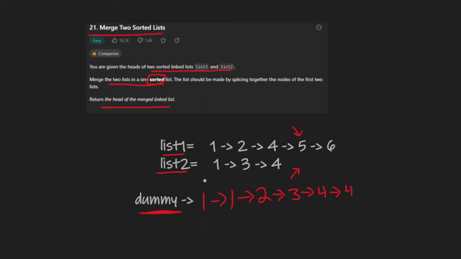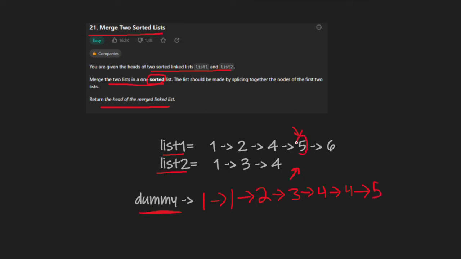In our while loop, we make sure that the two pointers have a node, but as soon as that's not true and one of the pointers is null, we just automatically set the next value to whichever pointer is not null. So the next value in our merged linked list is going to be 5.